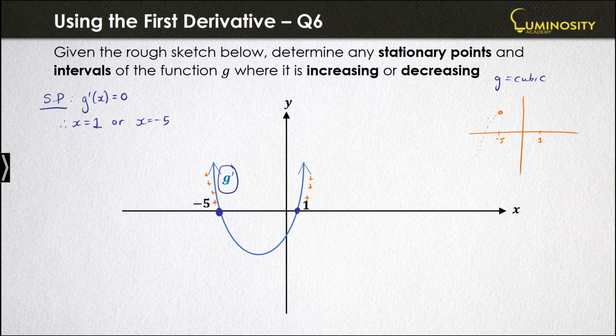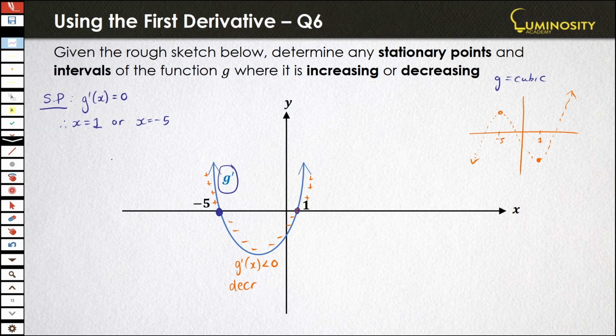Can you see all the y values here are negative for g prime. So when your derivative is negative, that's when you have decreasing on your original function g. So it most likely decreases like that, finds a stationary point at 1 here, and then starts to increase again. So you can sort of see again a rough idea of what this cubic looks like from this given information.